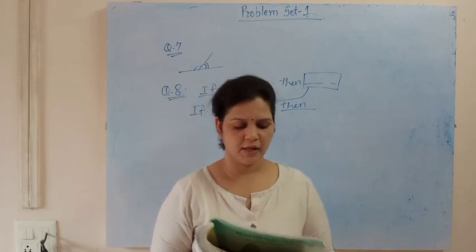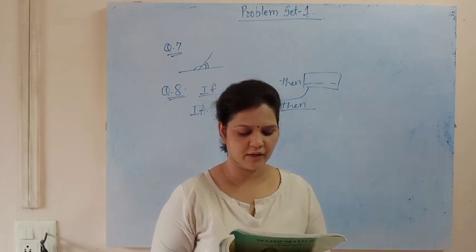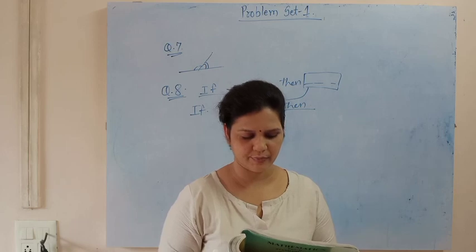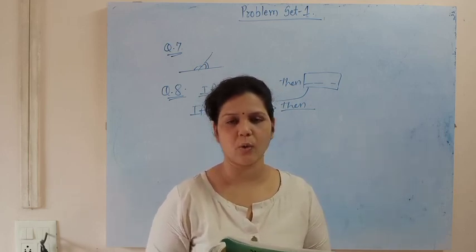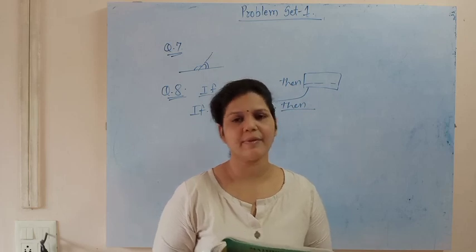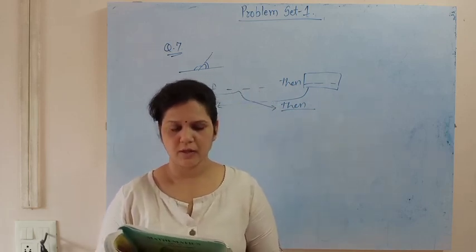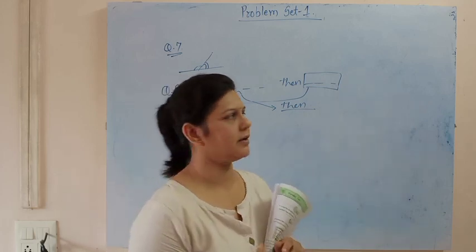Okay. Now in question number 10, draw a labeled figure showing information in each of the following statements and write the antecedent and the consequent. That means again we have to write given and to prove along with the figure. So first question, two equilateral triangles are similar.